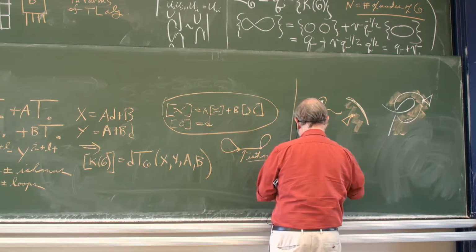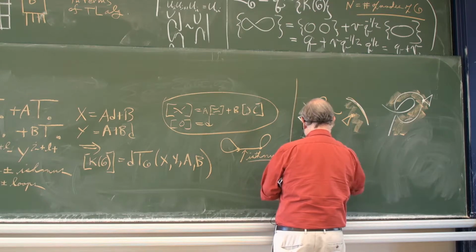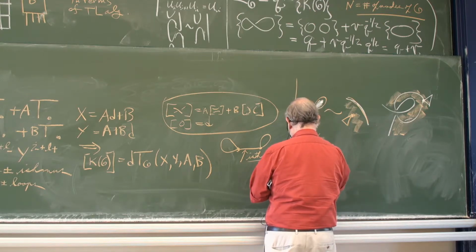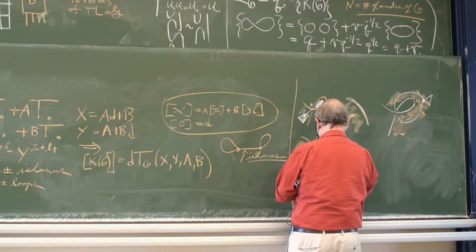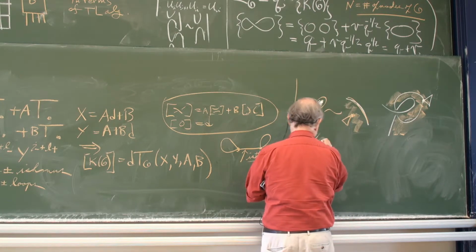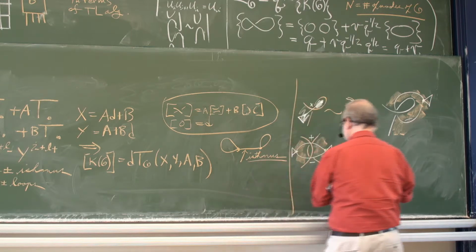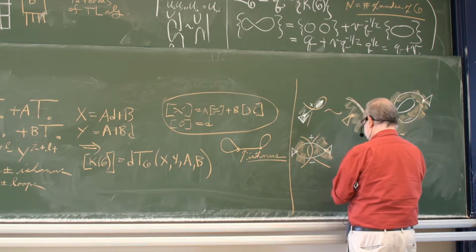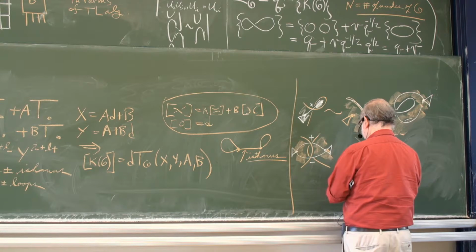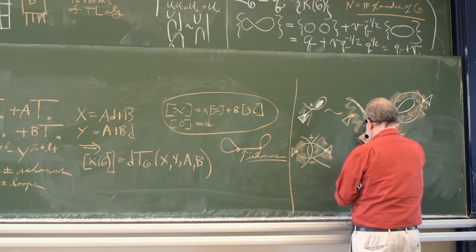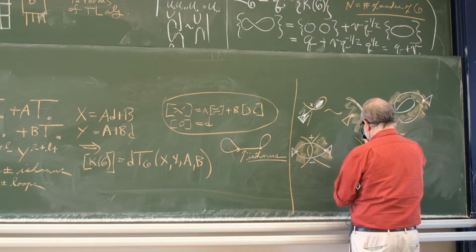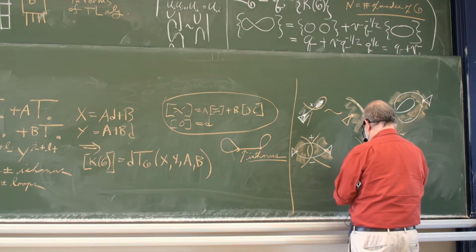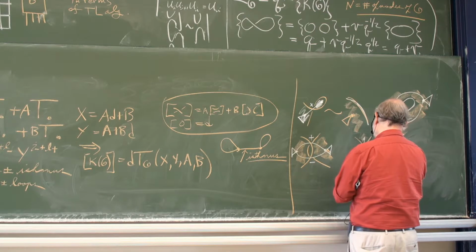If you have this, and it's shaded this way, then you see that you have two edges in parallel, and one of them is plus and the other one is minus. And if you shaded it the other way, then you have two edges in series, and one of them is plus, and the other one is minus.